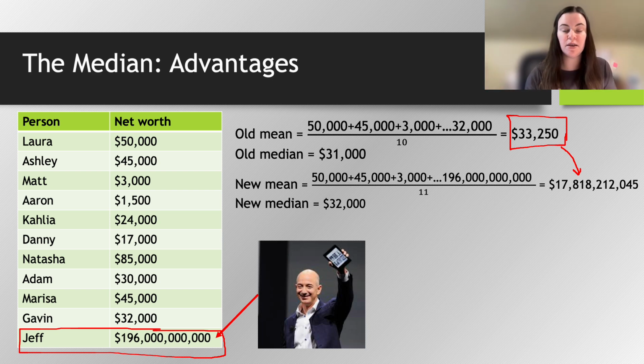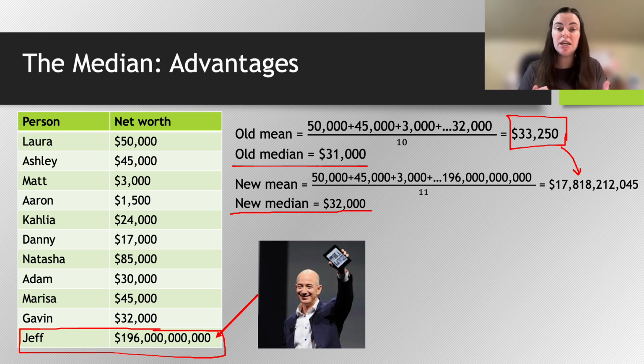However, if we take the median value instead, we can see that the old median before adding Jeff in was $31,000, whereas even after we add in his net worth, we get a new median value of $32,000. Again, the median represents that true 50% point. What is that middle value?